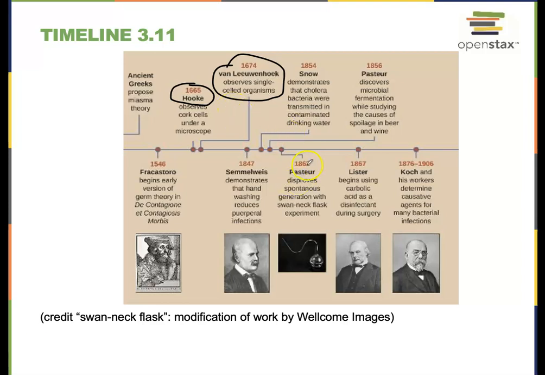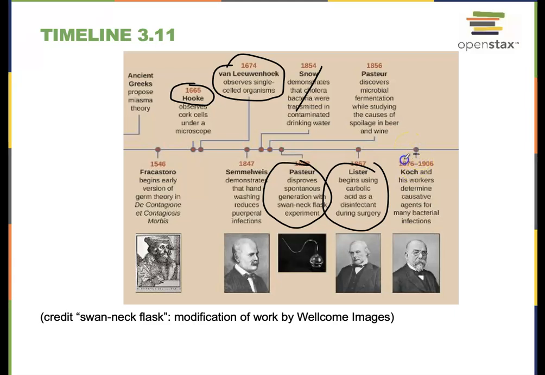And then we don't cover Snow, but he was another person. And then we have Pasteur's S-shaped flask experiment, and Lister showing that there indeed are contaminants in the air, and then when you clean things, you have better survival rates.